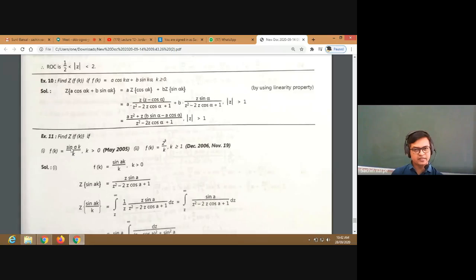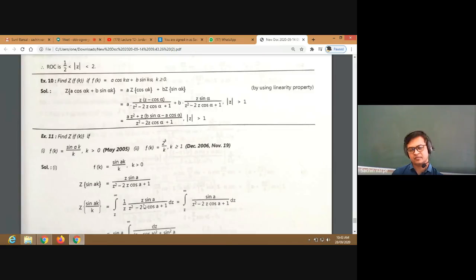Okay, thank you. So for sin ak upon k, we'll first write the Z transform of sin ak, which we know as a standard function. With the help of this Z transform, we'll obtain the Z transform of sin ak by k using the theorem division by power of k. Here the power of k is 1, so one time we have to integrate.